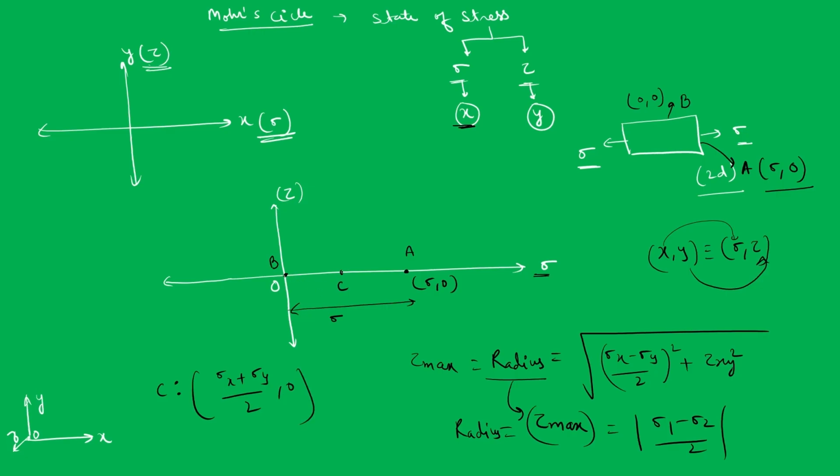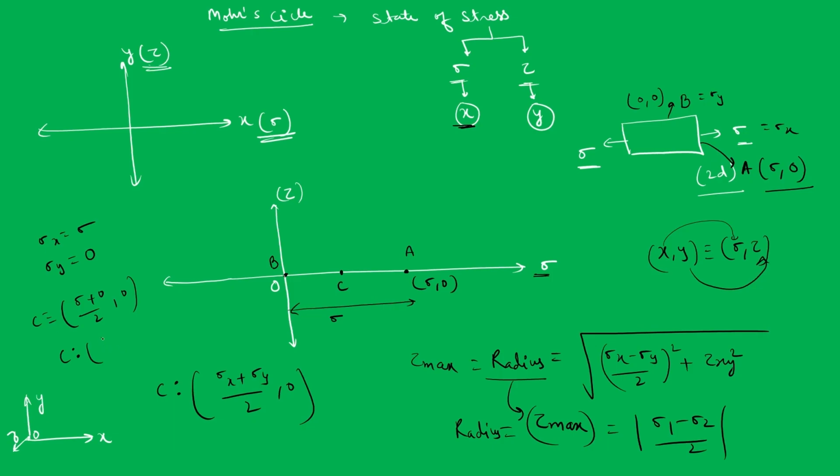So what is our center? This is sigma x and this is sigma y. Sigma x is sigma and sigma y is 0. So the center will be sigma plus 0 by 2 comma 0, right? So what will be our center?